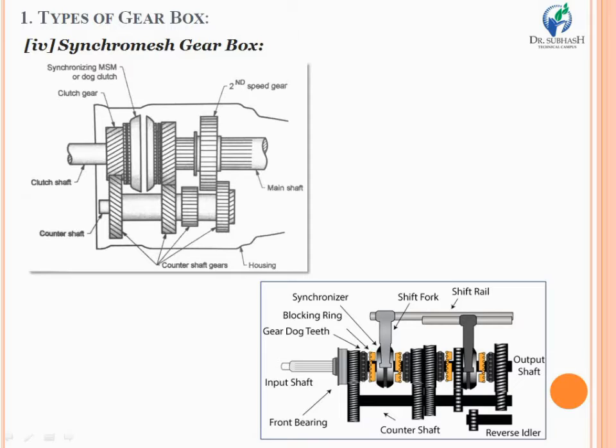So if we are talking about that particular sliding mesh type of gearbox, generally the gear shifting is required in order to have the variation of the torque and the speed.